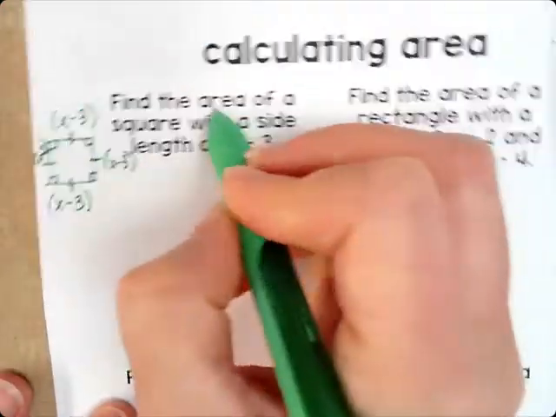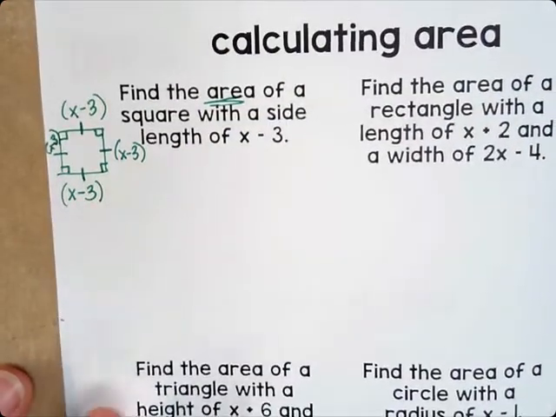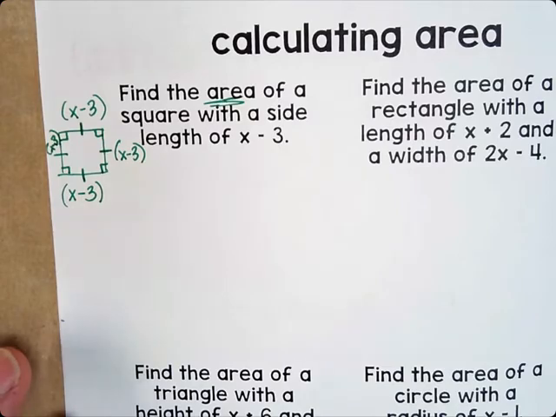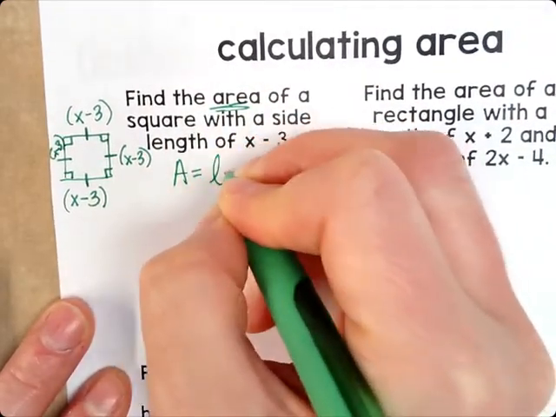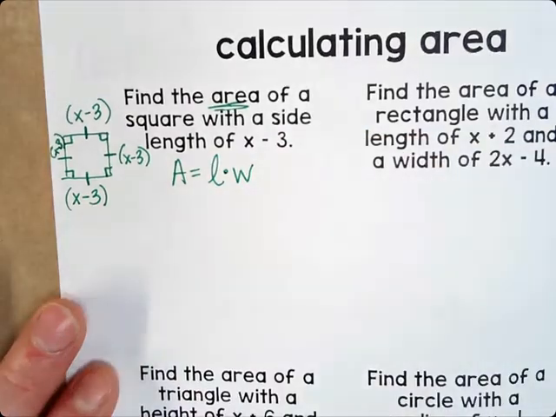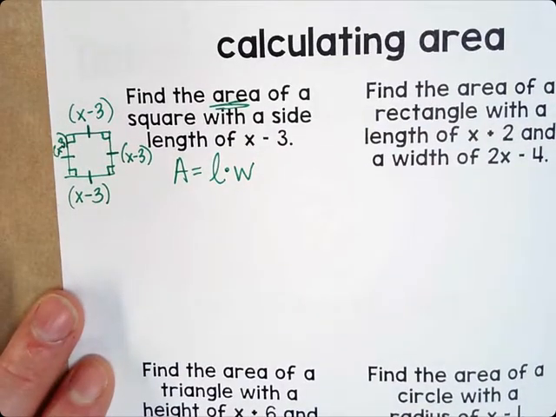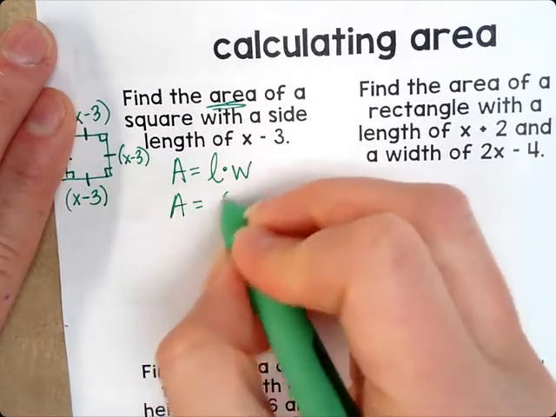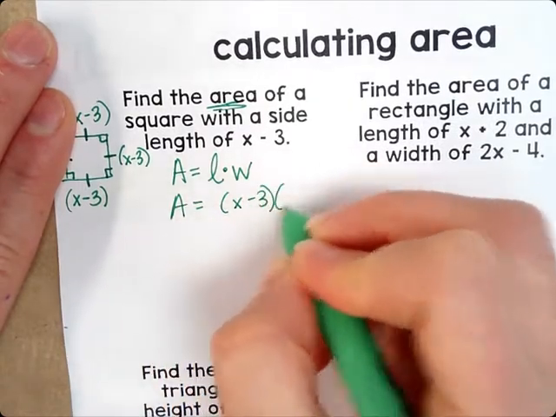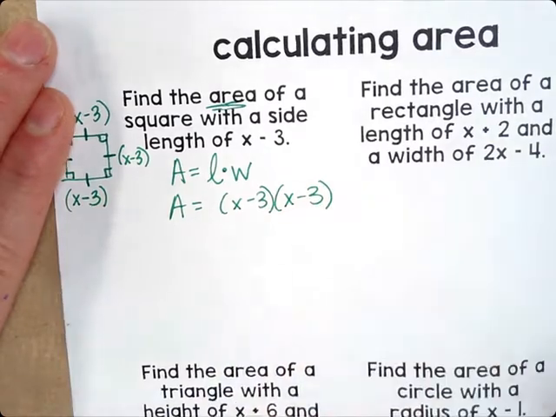So we're asked to find the area. How do we find the area of a square? Length times width. So we're multiplying x minus 3 times x minus 3. You have to put it in parentheses whenever you do that.